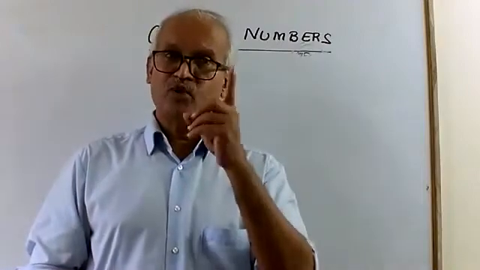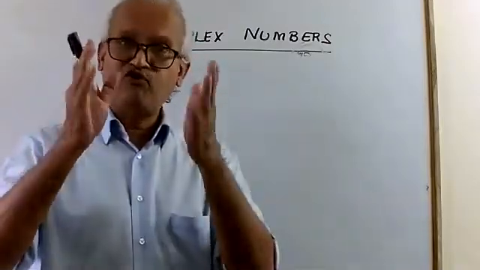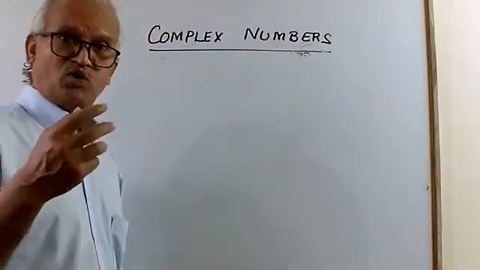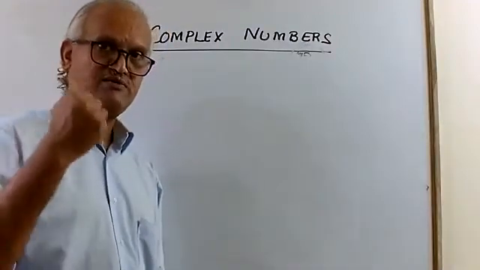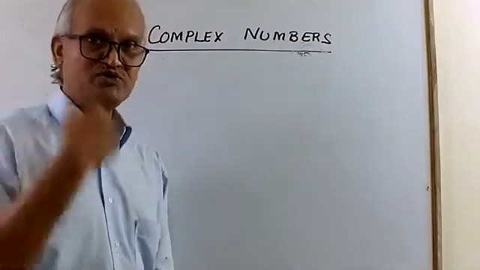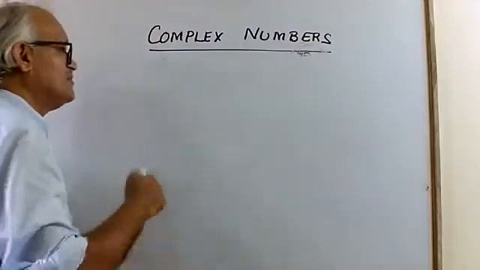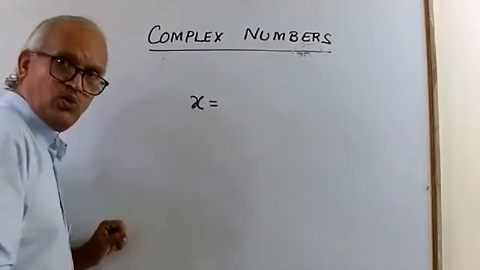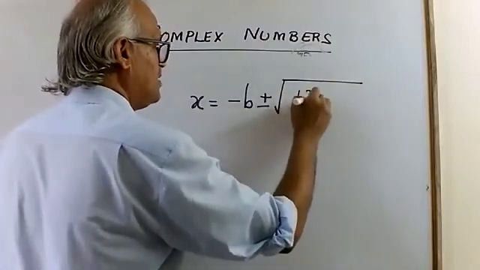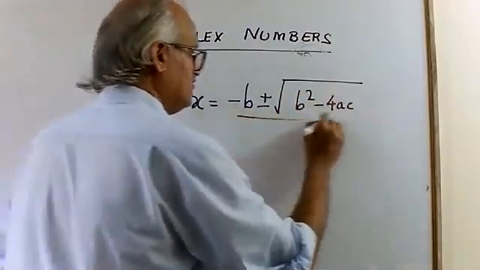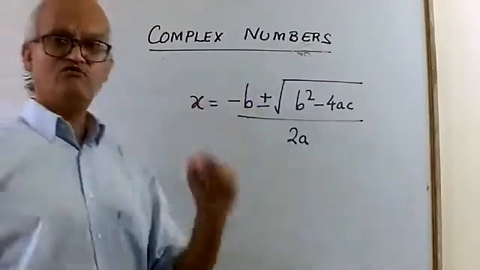But you were also taught one more important way to solve a quadratic equation, something that you call the quadratic formula, where we said that the possible roots of a quadratic equation, the possible values which the variable x for a quadratic equation in x can take, you can calculate using the quadratic formula, which I'm sure you would be remembering as x is equal to minus b plus or minus square root of b square minus 4ac divided by 2a. This is what you have studied as your quadratic formula.